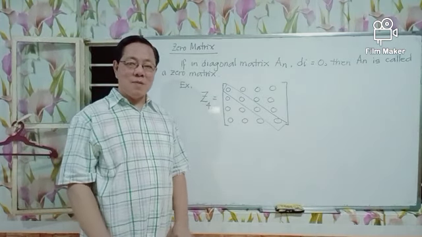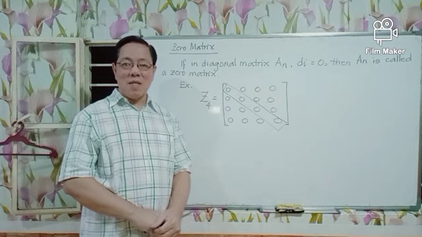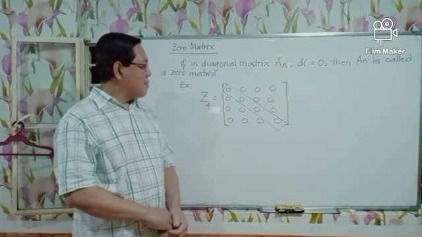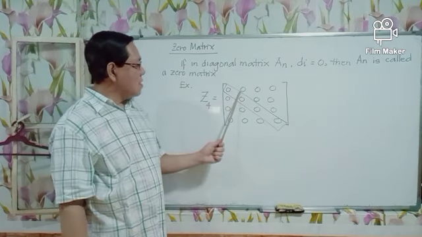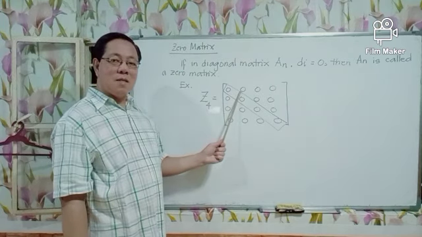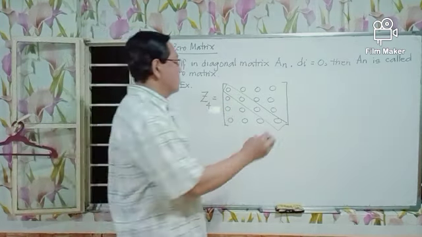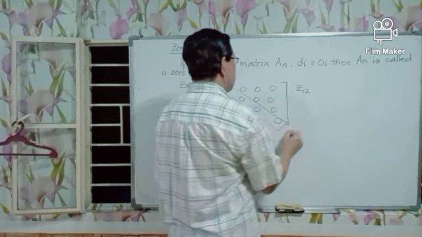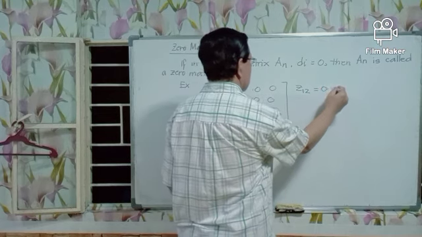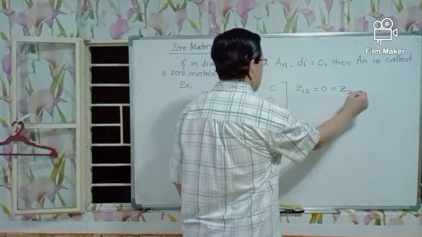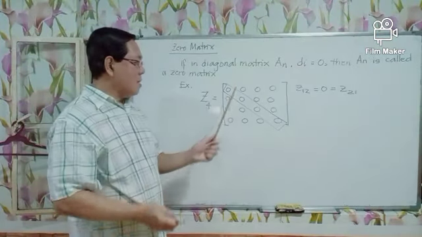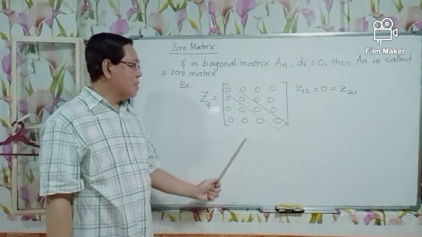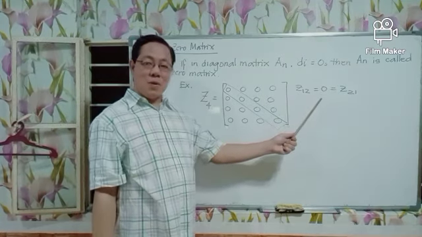In addition to that, the zero matrix is an example of what is called a symmetric matrix. This entry here is the entry in the first row and second column, and it's equal to 0.